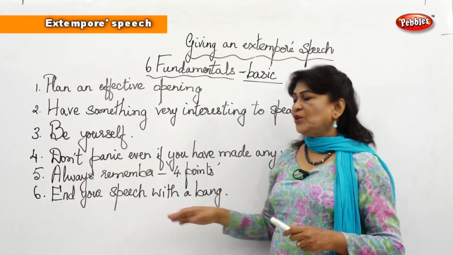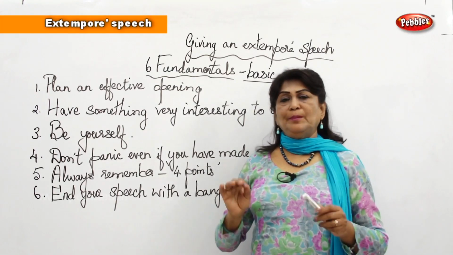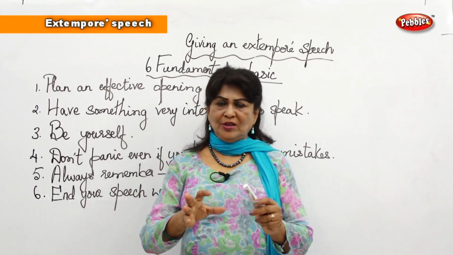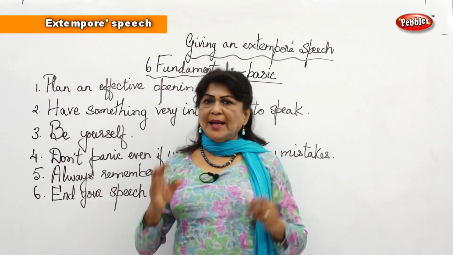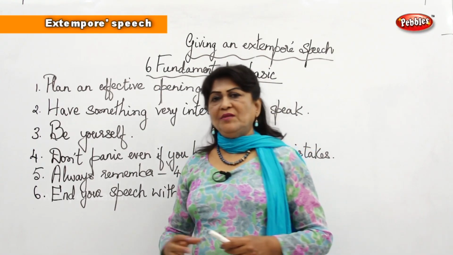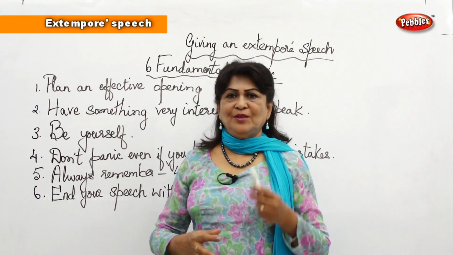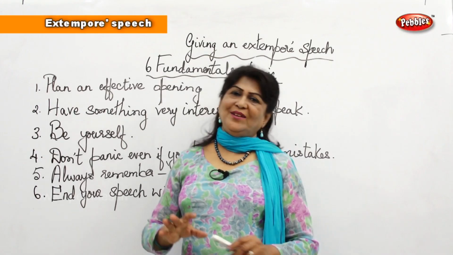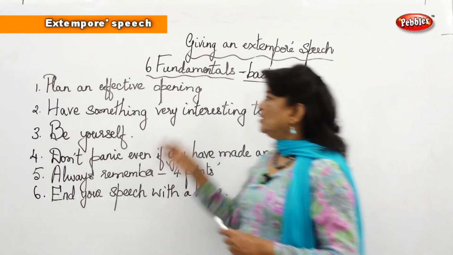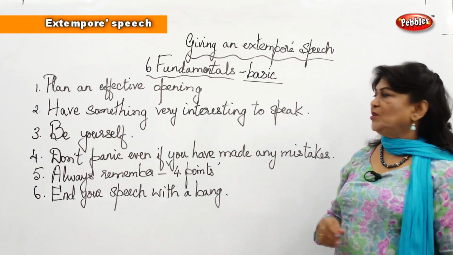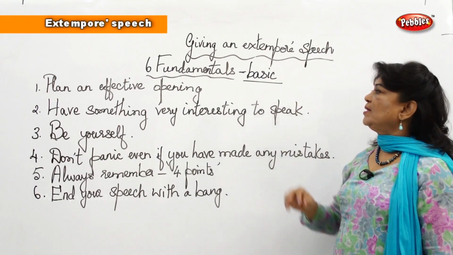So, you should end your speech with a bang. That means give them a nice food for thought, or a nice quote to ponder, or a nice joke to relish, something like that, and then you say thank you and you can go. So, these 6 points please remember whenever you are asked to give an extempore speech.